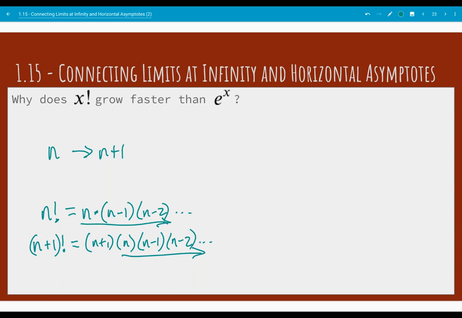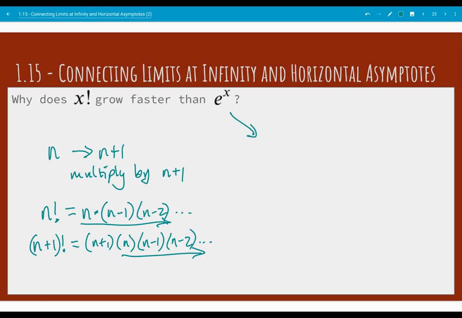So essentially, when we move from one number to the next, that's the same thing as multiplying by n plus 1. If we think about really big numbers, so we have a million factorial, that's a million times 999,999 and so on. And then we move to 1,000,001 factorial. What we're doing is multiplying what we had before by 1,000,001.